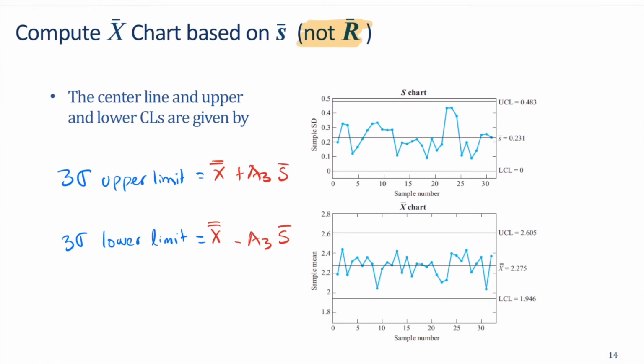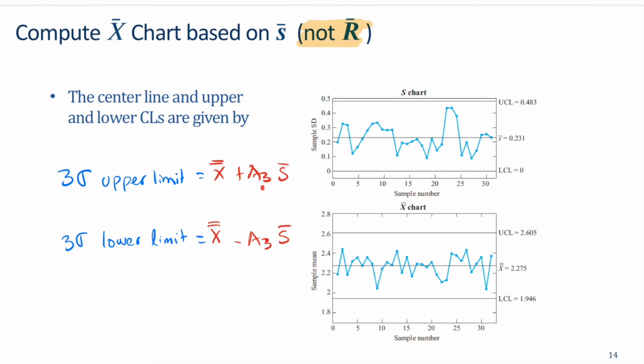Now, once we fix the points that are out of control, we need to compute X, but now X is based on S, not on R. So for X, the upper control limit is X double bar plus A3 S bar, and the lower control limit is X double bar minus A3 S bar.